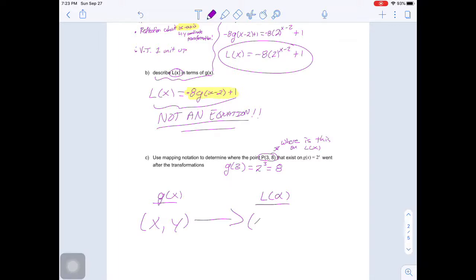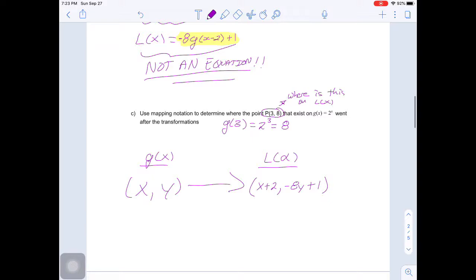So we are actually going to apply positive 2 to x, because we have to move those to the right. Remember, mapping notation does not lie. Then every y value gets multiplied by negative 8. And then we add 1, because remember, translations have to happen last.